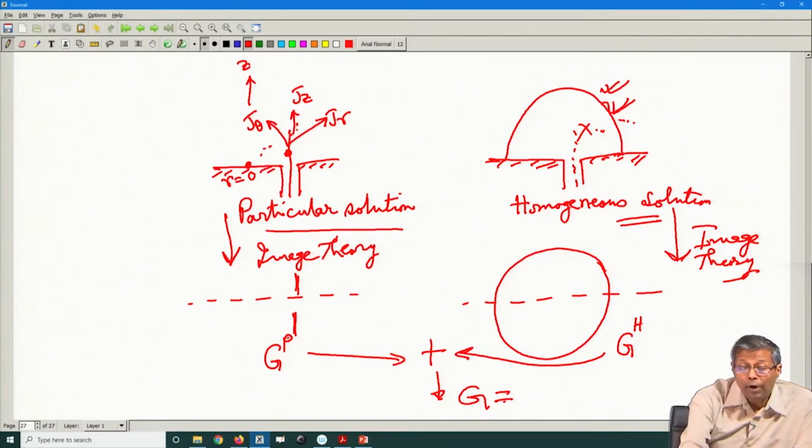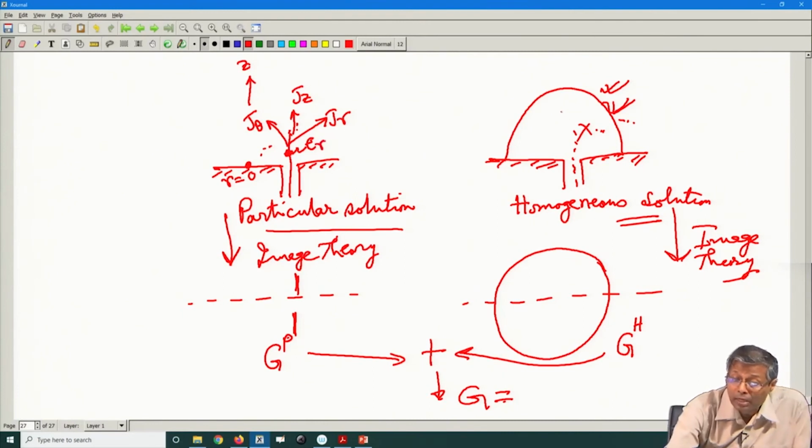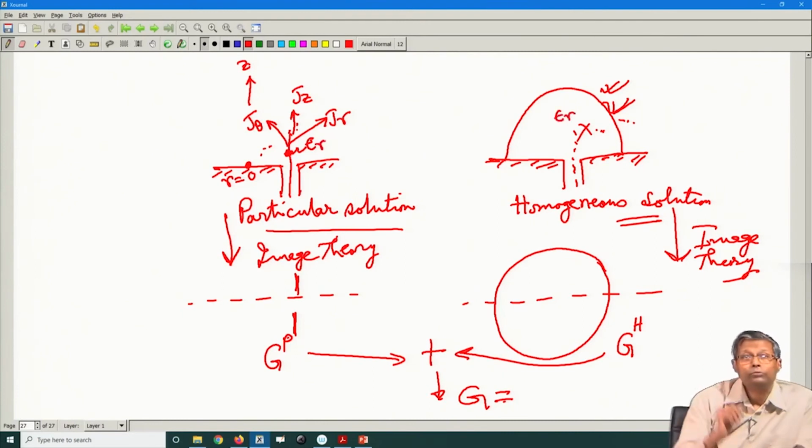Now, if I want to find the current on this probe, however, I do not still know the current on the probe. I know that if only a point source is present here, what will be the electric and magnetic fields due to this point source and the presence of this probe only, immersed in a material of permittivity epsilon r, which is the same as the dielectric resonator material.